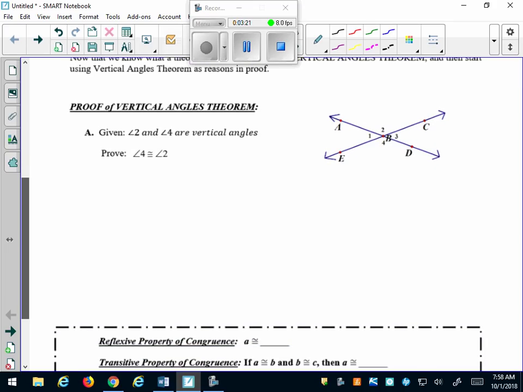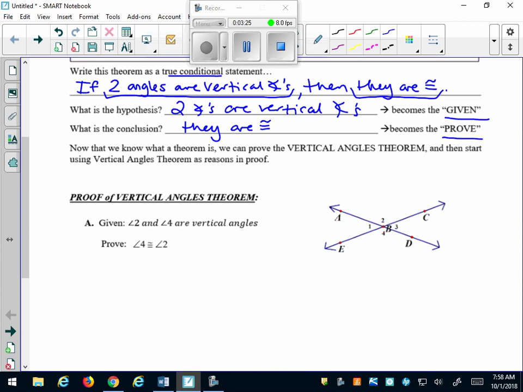So here's a rule that is going to be true when you're writing proofs of theorems. You cannot use the vertical angles theorem in the proof. Since it's the proof of the theorem, we can't use the vertical angles theorem to prove the vertical angles theorem, because that's what we're trying to prove.